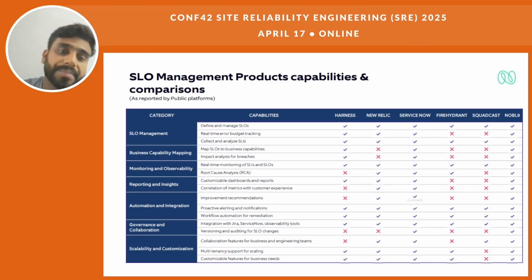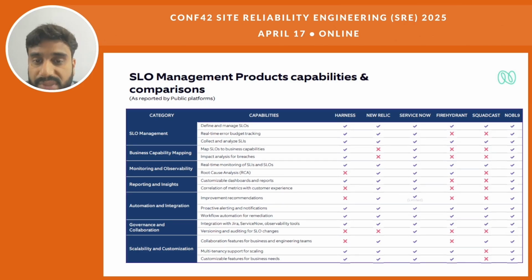These are some of the products available in the market. I have done some comparisons on the basis of different capabilities, like real-time error budgeting, mapping SLOs to business capabilities and RCA, customized dashboards and reports, automation, auditing, and overall customized features with respect to the business.